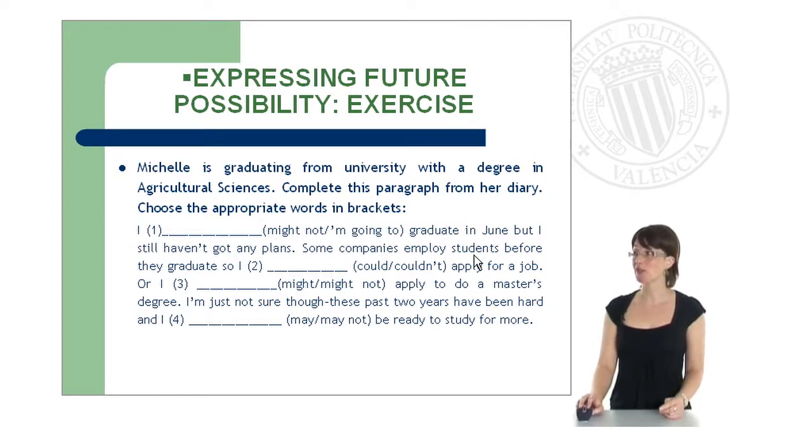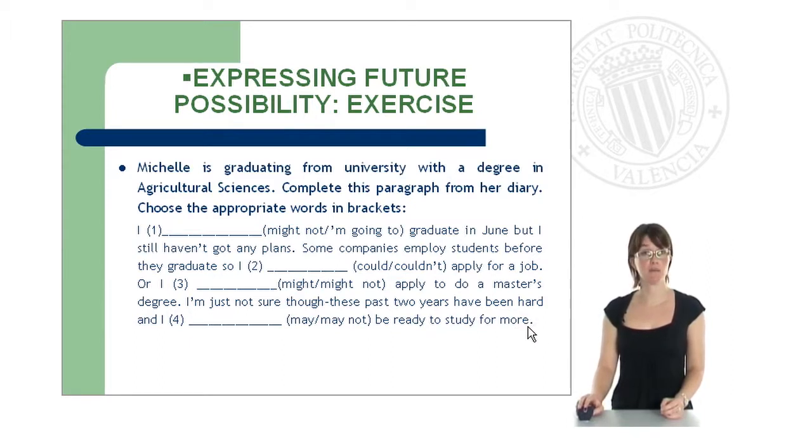Some companies employ students before they graduate, so I, blank, couldn't apply for a job. Or I might not apply to do a master's degree. I'm just not sure though. These past 2 years have been hard and I may not be ready to study for more. So study this text carefully and decide which form to use.